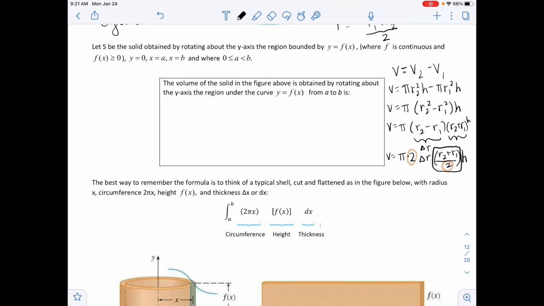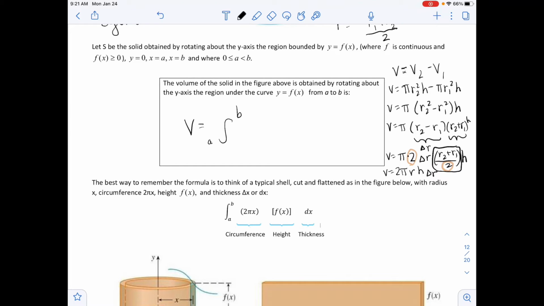So this is going to be equal to 2 pi r h times delta r. And so in order to find our volume, we're going to have to integrate from a to b.